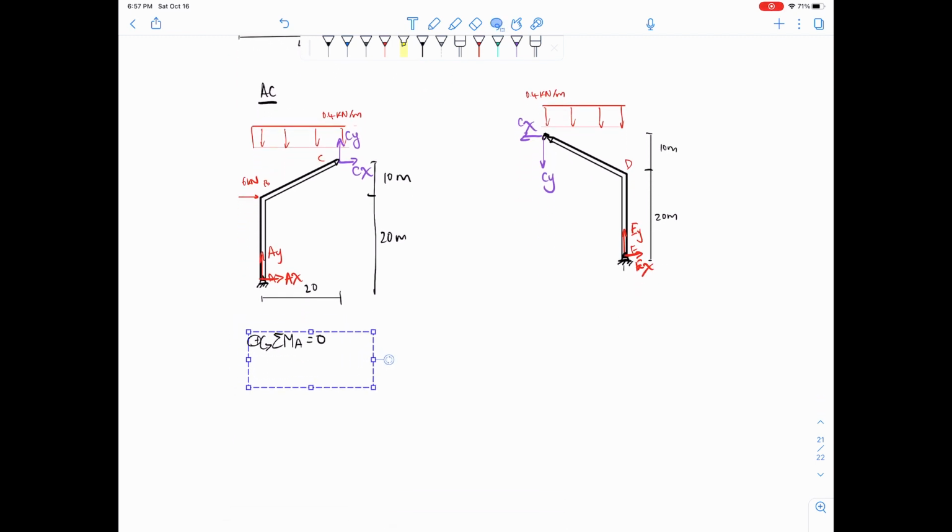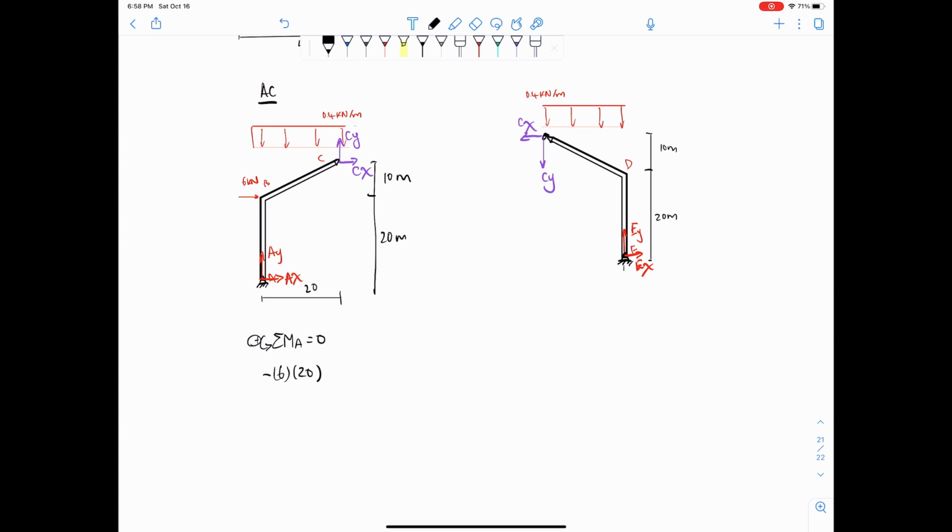Since the sum of moments around A is equal to 0, we have to consider all the forces going in it. First, I'm looking at the 6 kilonewtons at B, and that would be 6 times 20, and because it's rotating clockwise, it would be negative.